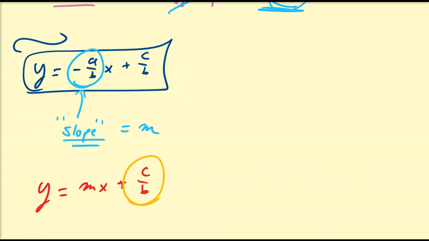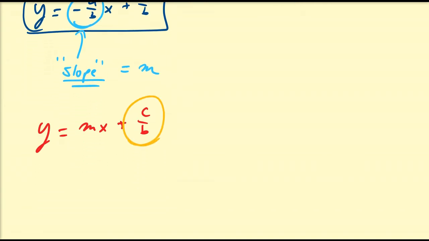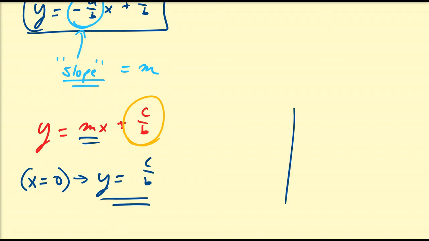So what's so special about c over b? Let's plug in 0 to eliminate this term. When x is equal to 0, y is equal to c over b. So what's so special about that? If this is an equation of a line, when x is equal to 0, it corresponds to the vertical intercept.